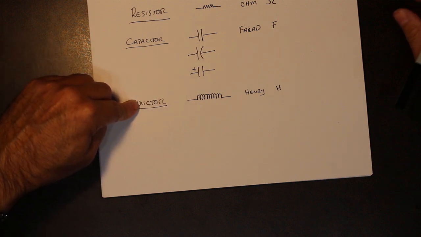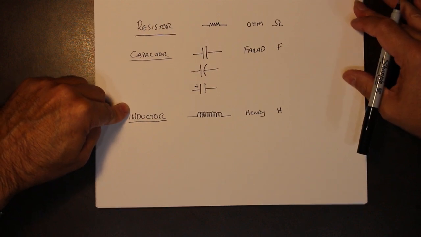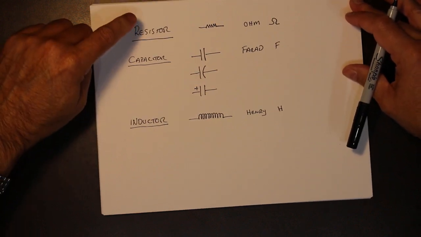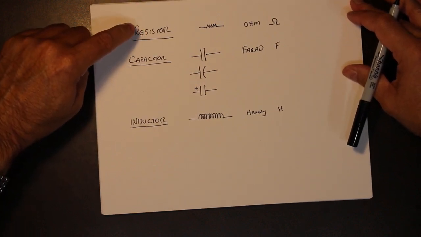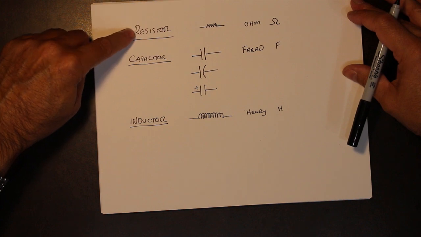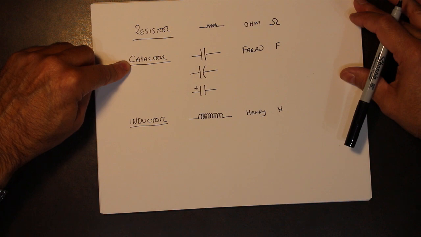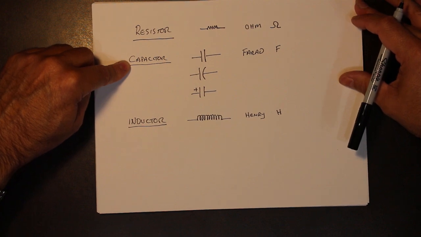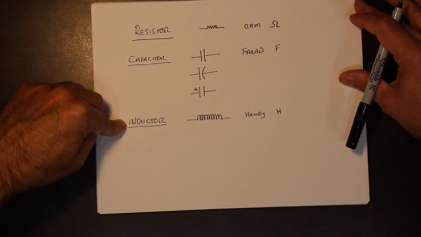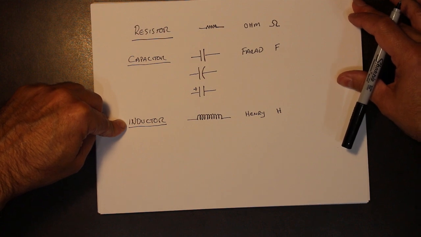The inductor we're going to be studying in other courses. So most of Tech 101 is based on resistors. We introduce the capacitor at the end of the course. Inductors, you're going to look at that in your next set of courses.